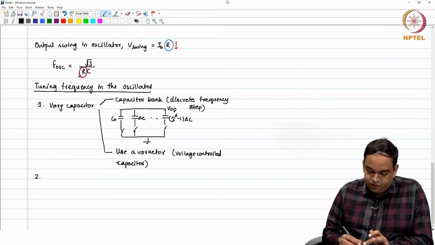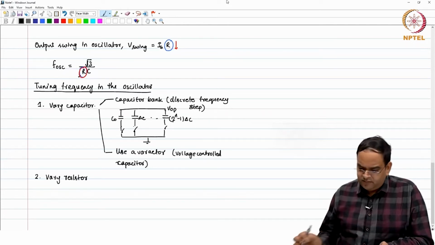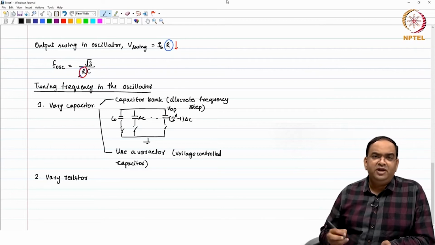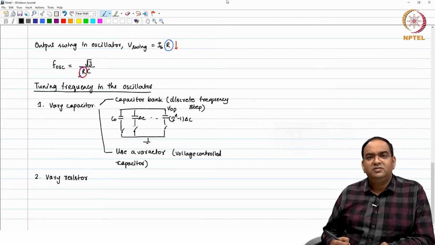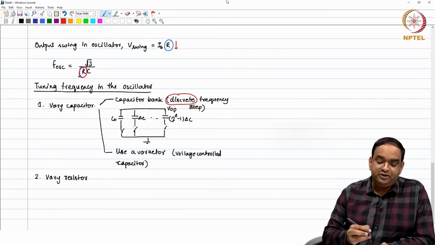Second thing is you vary resistor. When you would like to vary the resistor, one way, as we have seen with the capacitor bank, is that in a similar way you can use a resistor bank, but then also you will run into this discrete frequency step.